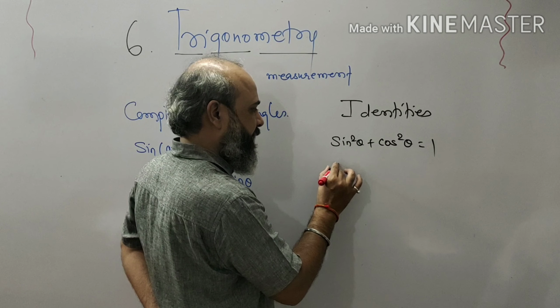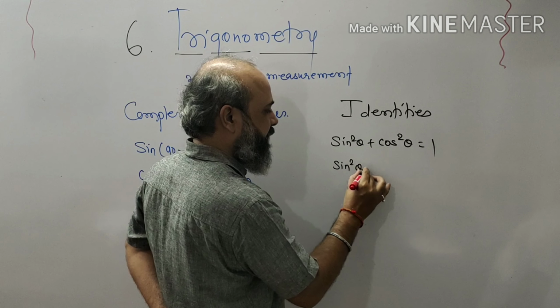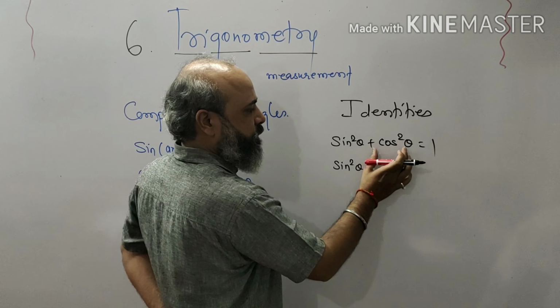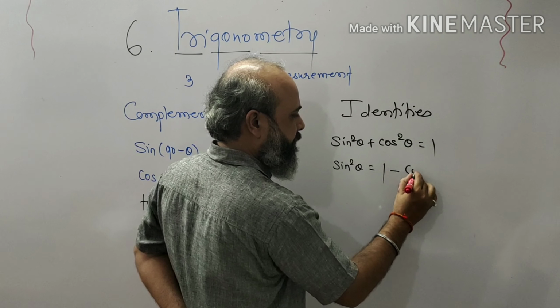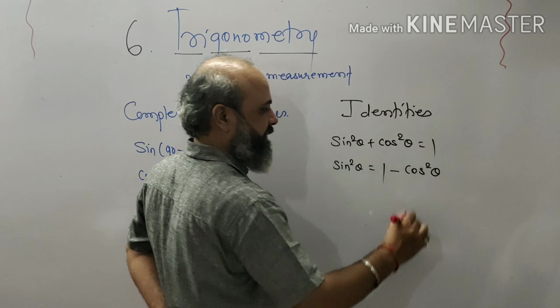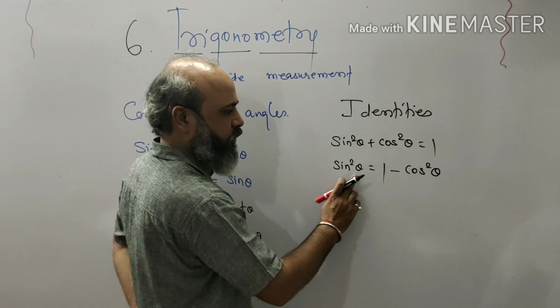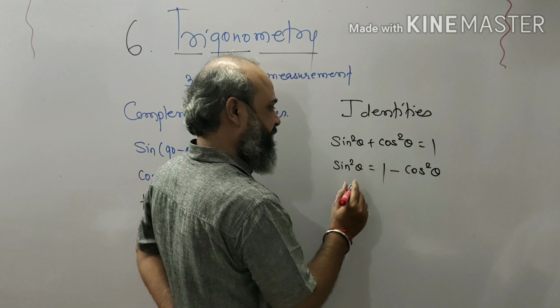You may write sine square theta is equal to 1, and transfer cos square theta to the right hand side. So plus cos square theta becomes minus cos square theta. So sine square theta is equal to 1 minus cos square theta.